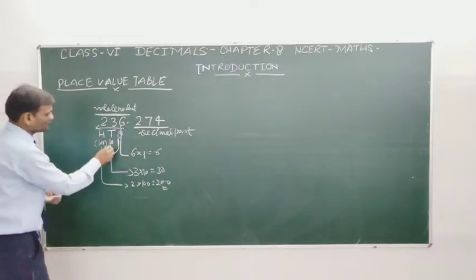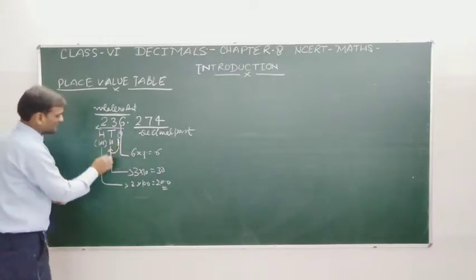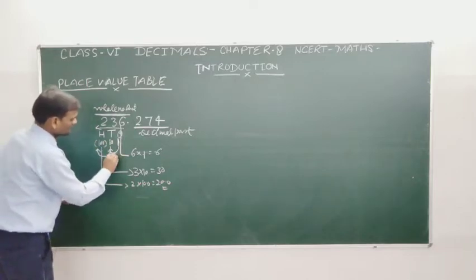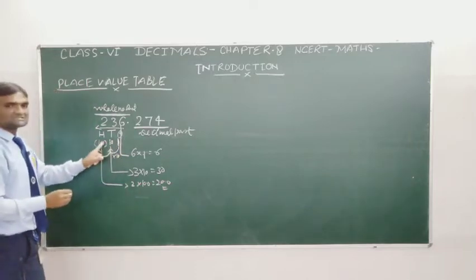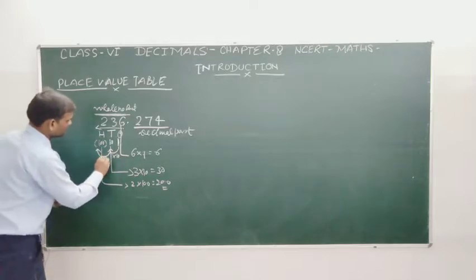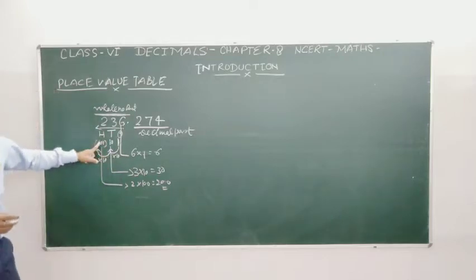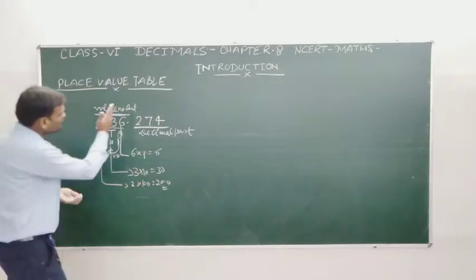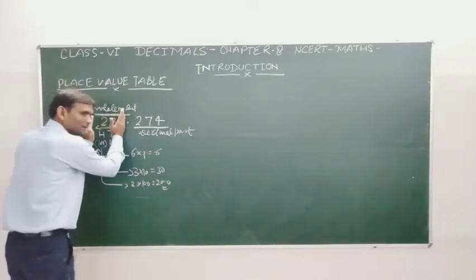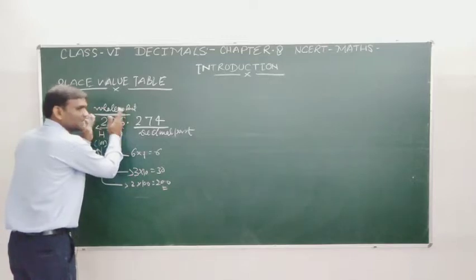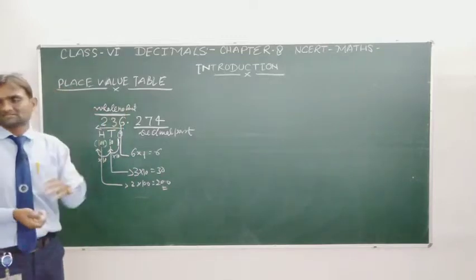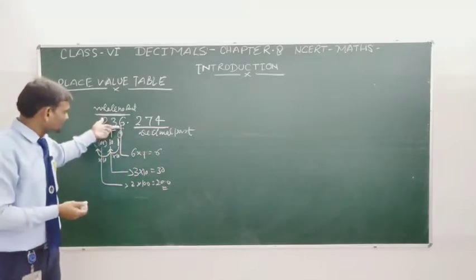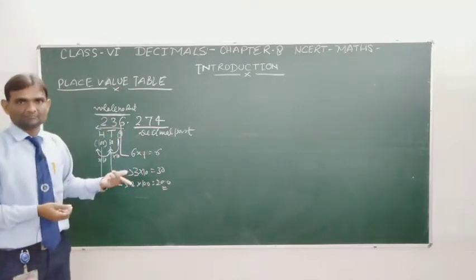And when we move from 10 to the 100 place, it means into 10, 10 times, then into 10, you get 100. It means you can say that when we move right to left in the whole number part, the value increases 10 times.